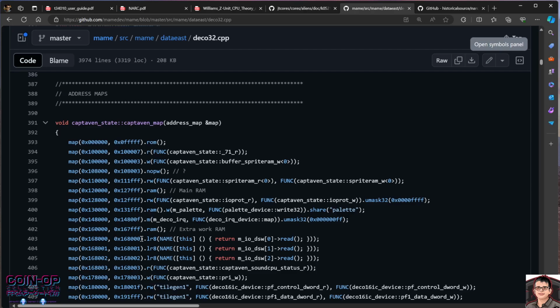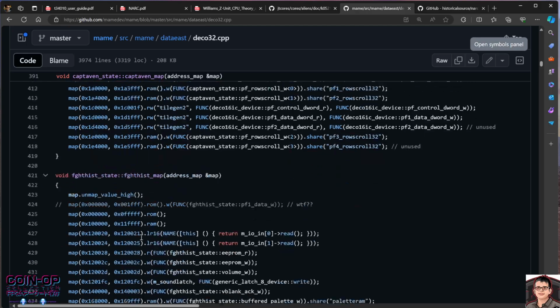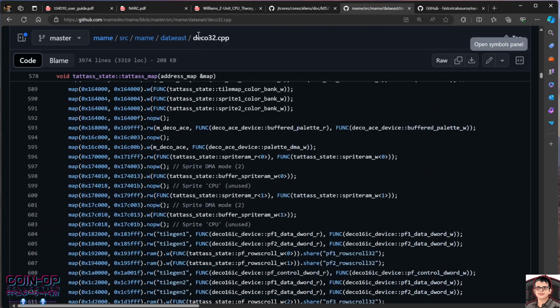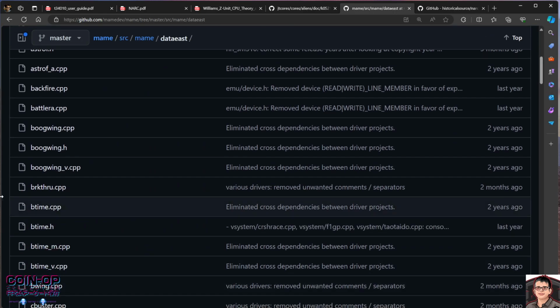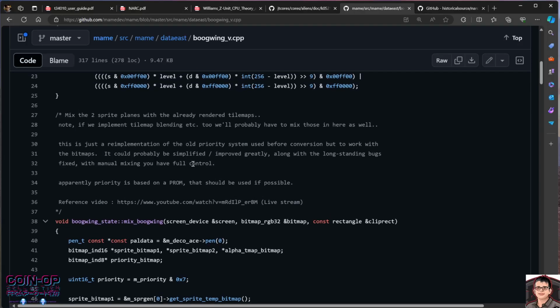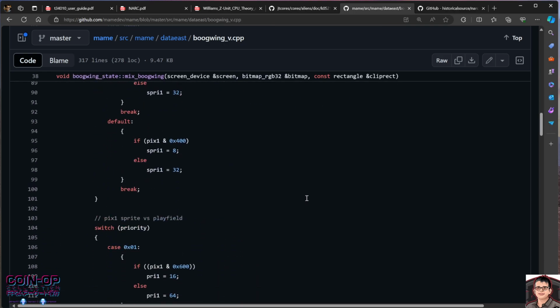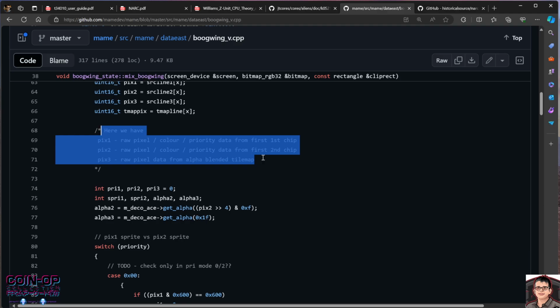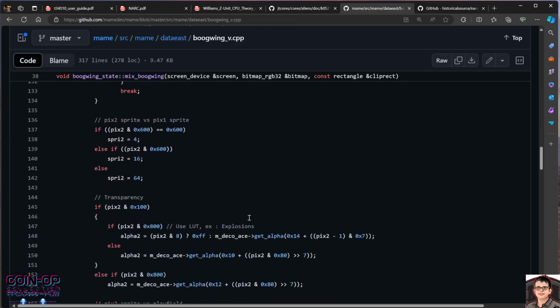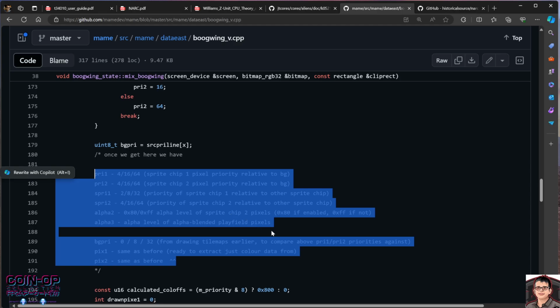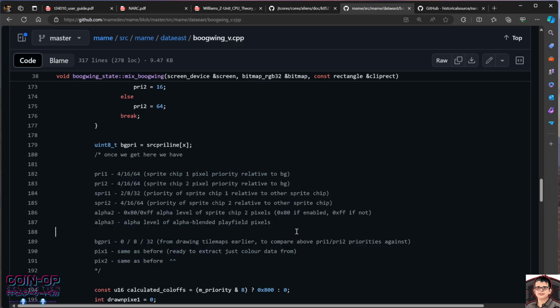Beyond that, there's a lot of reverse engineering information that exists in MAME, and if you take a look at the V files in particular, you'll notice that there is reverse engineering information about the graphics and about different components of the graphics that the game uses, and how it functions.